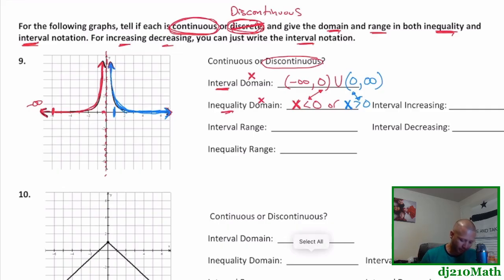Okay, switching our train of thought. We want range now. I want range. So range is the y values. So if you create, say, a little slider on the y axis, what's the lowest that the slider can go?